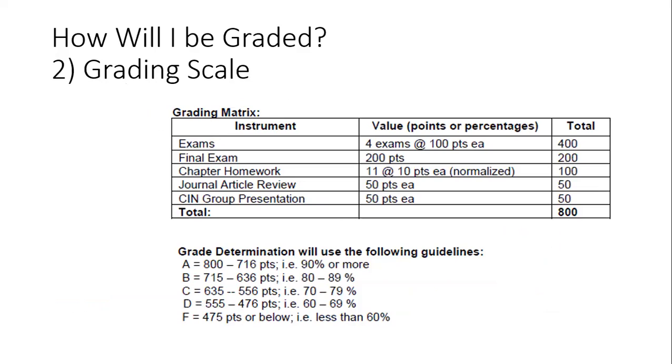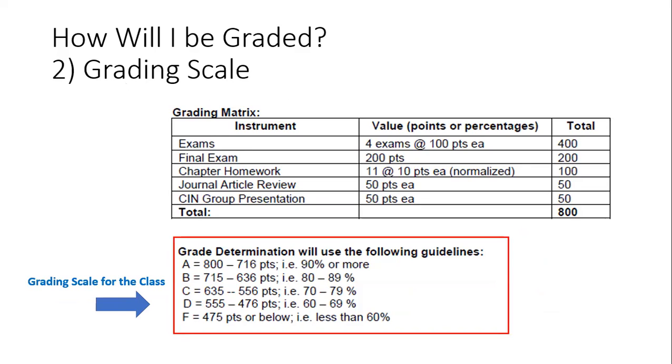Another part of determining how you will be graded is looking at the grade breakdown in your syllabus. This is where your faculty member will show you how many points equals an A, a B, and so forth. For example, Dr. Y writes in his syllabus that an A in his Chemistry 1 class equals between 800 points to 716 points, or a 90%.